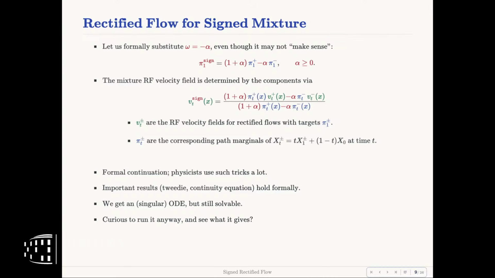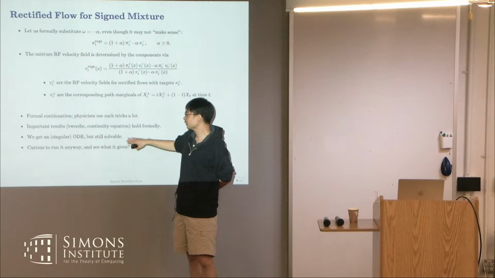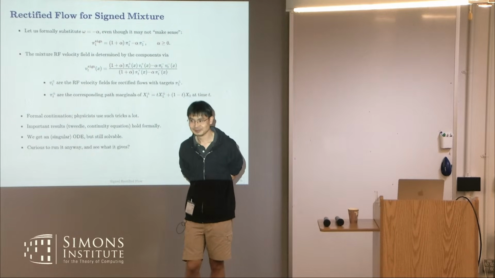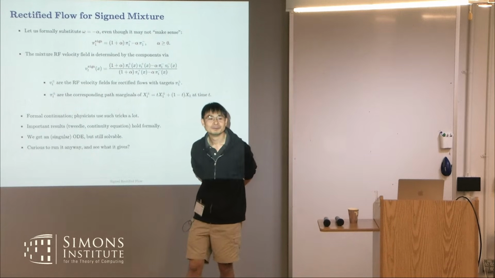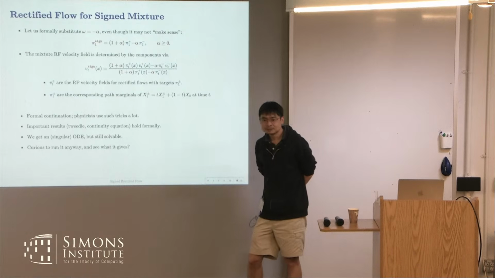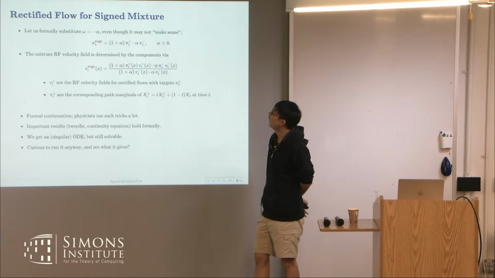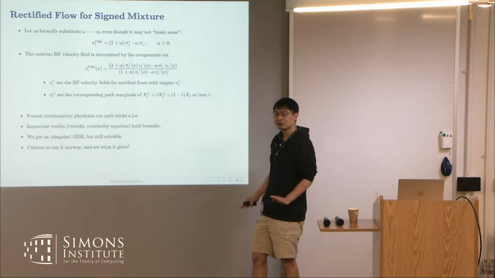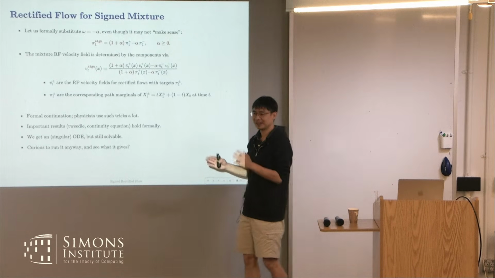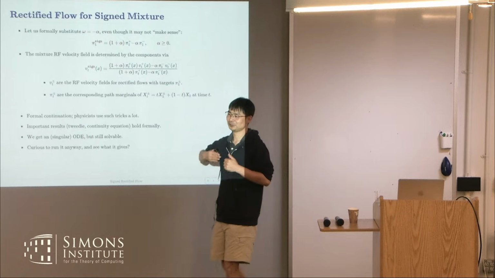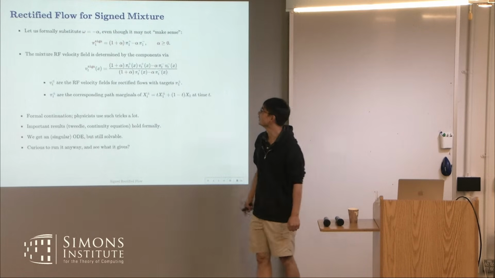That's it. So yeah. Is there going to be possible division by 0 now? Yeah, it's possible. So you get a singular ODE. Yes, you may feel guilty to do this, but physicists like to do something like this, where they get a formula and they formally continue it, extend it, right?